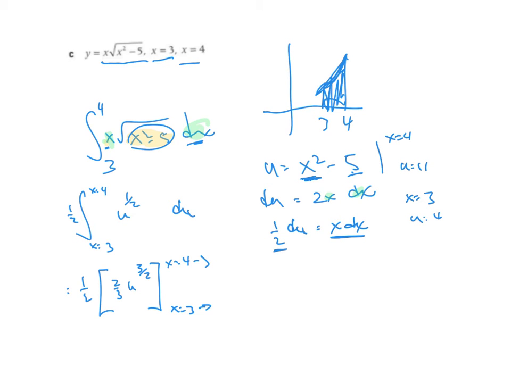So as opposed to 4 to 3, I can make this 11 to 4. It'll be the same thing. I also recognize that those two cancel, and so I'm going to do 1/3 u to the 3 over 2 from 4 to 11.